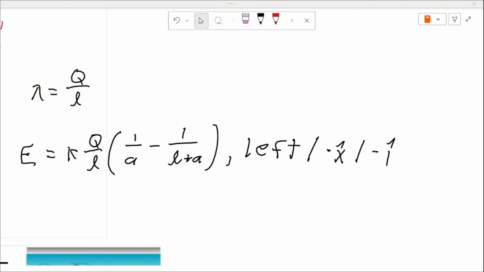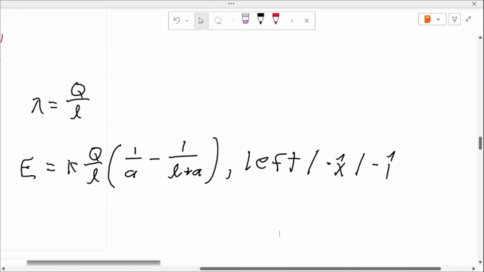What if we suppose the point P is very far away from the rod? What is the nature of the electric field at such a point? Well, if P is very, very far away from the rod, that's the same thing as saying a is much, much larger than L. In the denominator, we can neglect L and basically just rewrite it as 0.